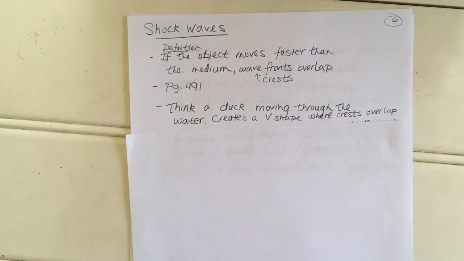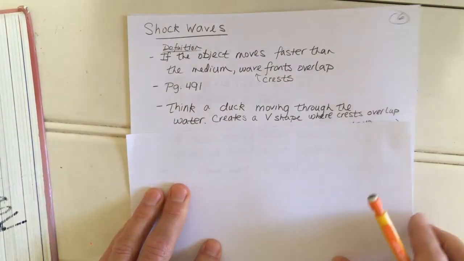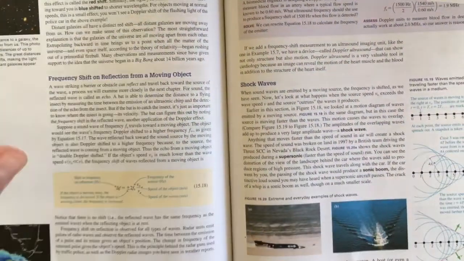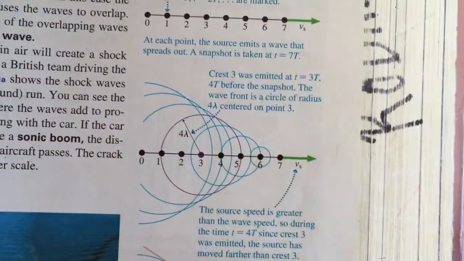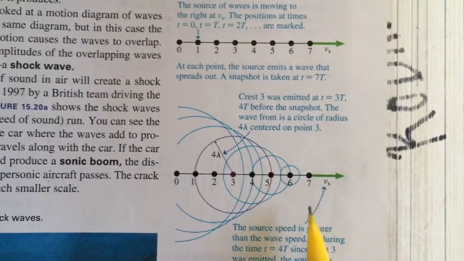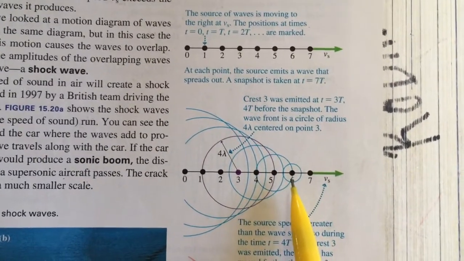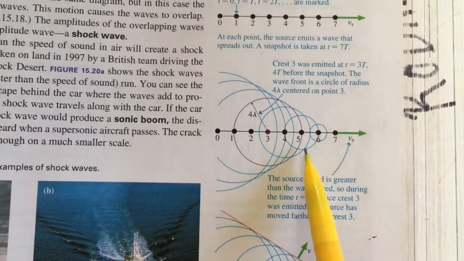I want to show you a picture on 491. And before I go further, so what we see is something like this. And if an object is traveling faster than the medium it moves through, we can see where these spheres start to overlap, right?